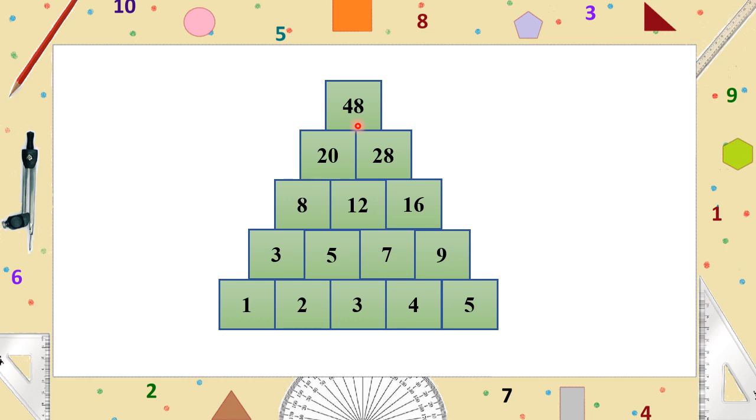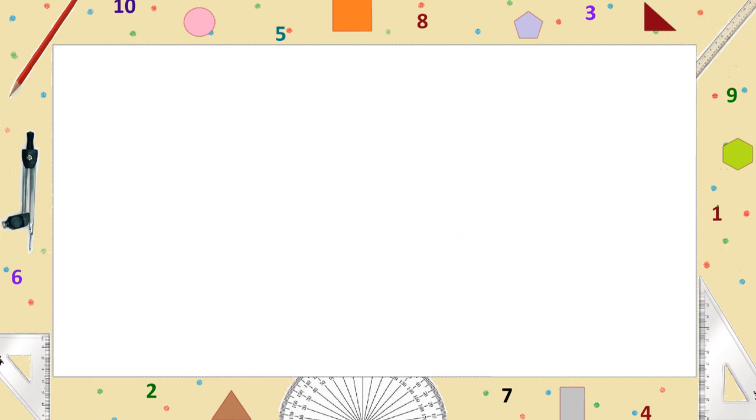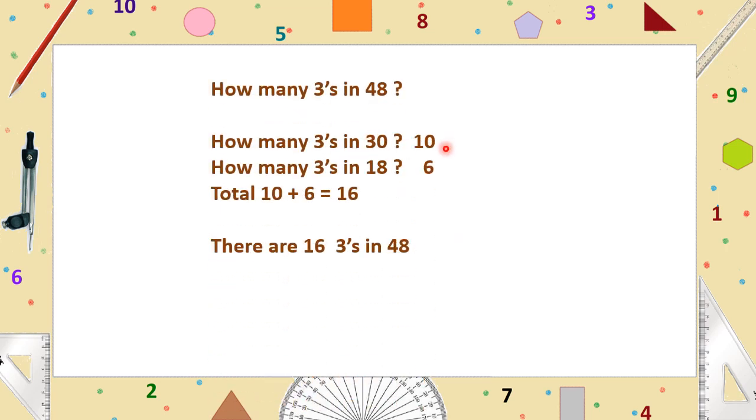Let's check how many 3's are in 48. For simplicity, we divide 48 into 30 plus 18. We know there are 10 3's in 30.